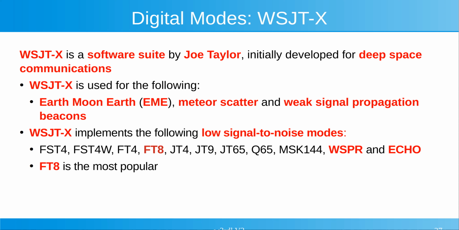It allows decoding of signals that are 20 plus dB below the noise level. In some cases, if you look at a spectrum map, you can't even see the signal and it's able to decode it. You won't always make a connection.